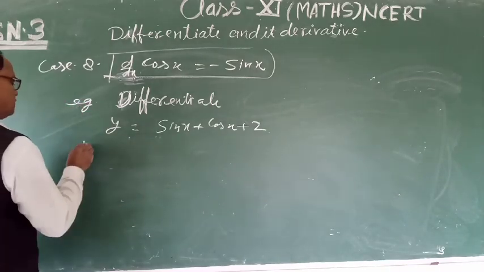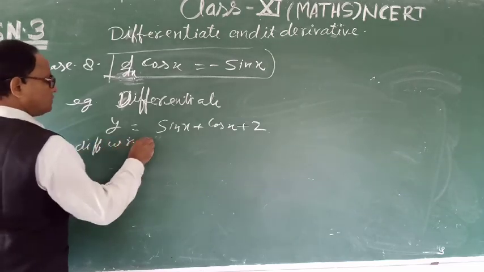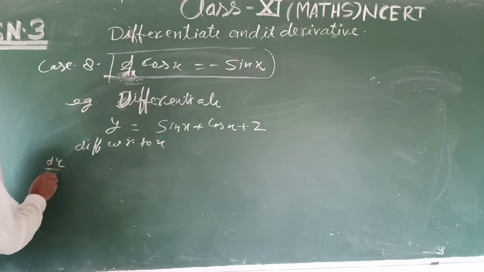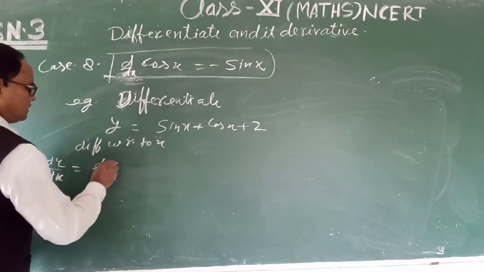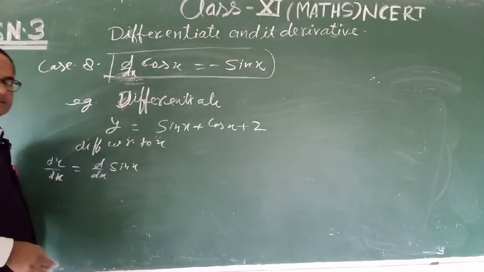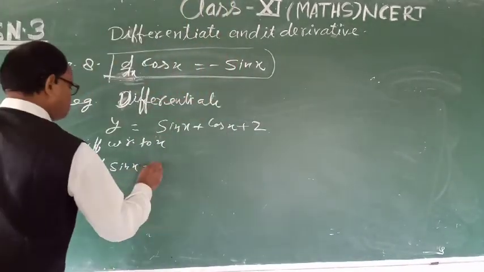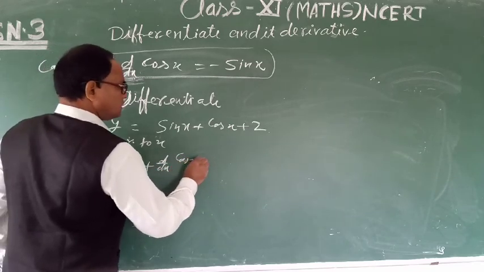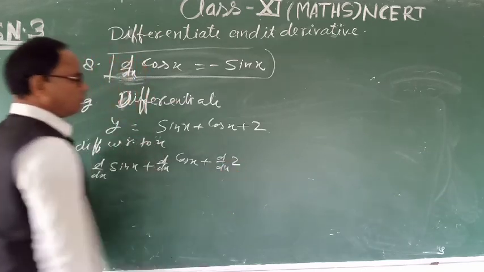Differentiating both sides with respect to x, then we get dy by dx is equal to d upon dx sin x plus d upon dx cos x plus d upon dx 2.